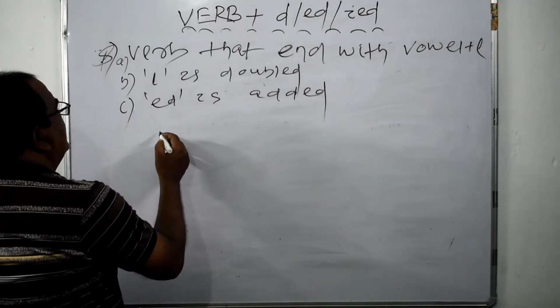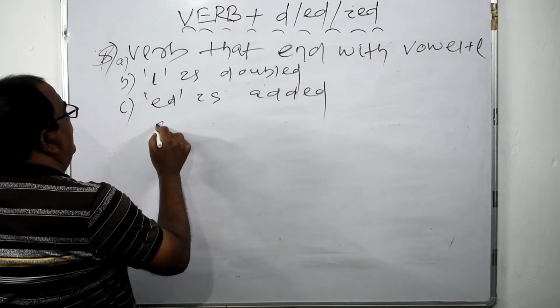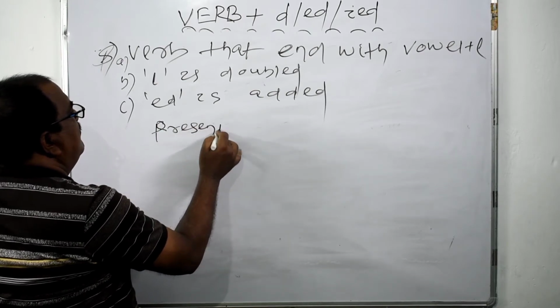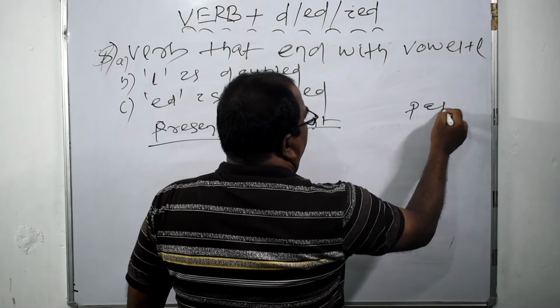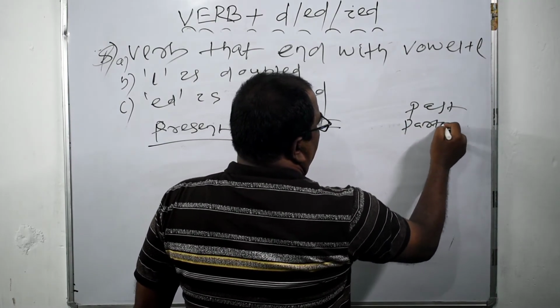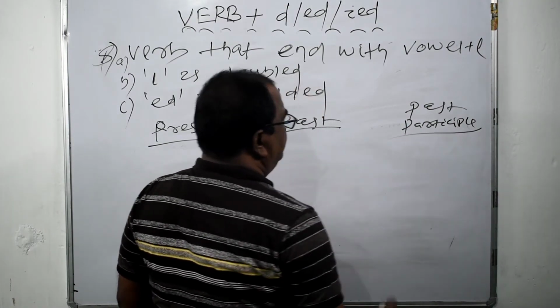So we can take the examples of present form, past form, past participle form.